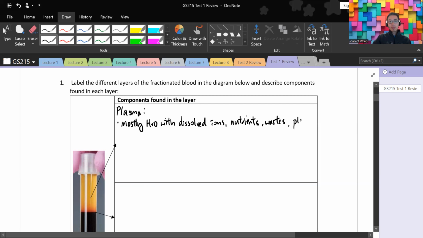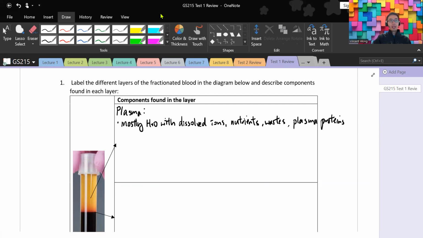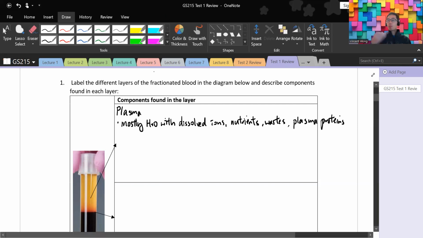And there's also plasma protein. Okay. So plasma makes up what percent of your blood? 55, that's right. So approximately 55% of your total blood volume.